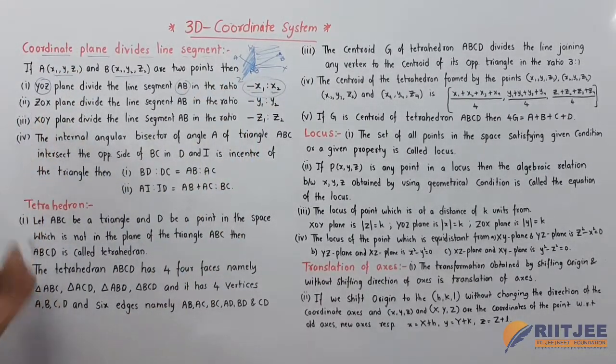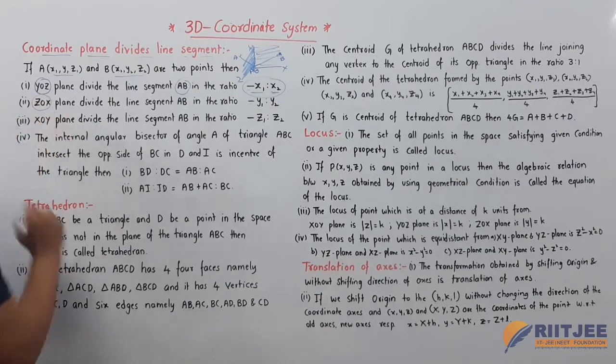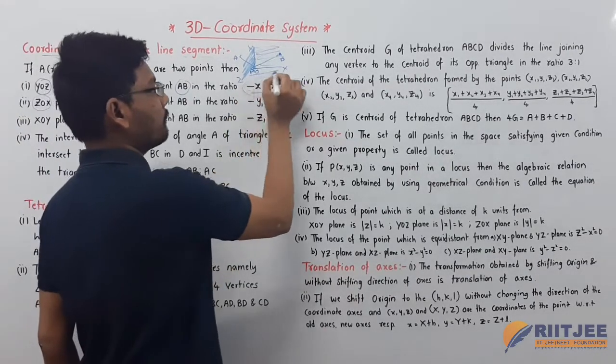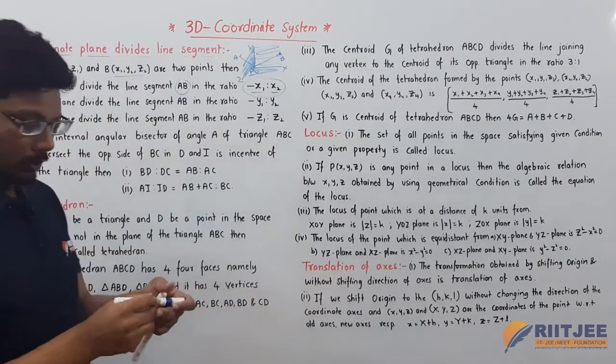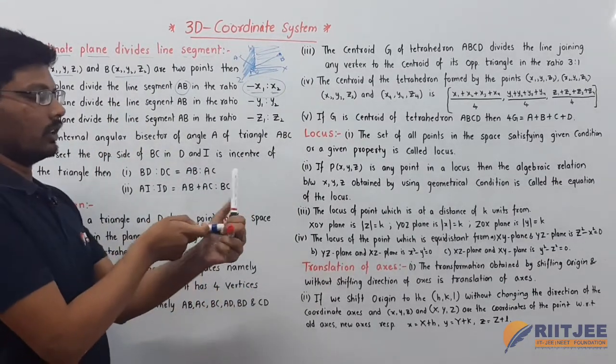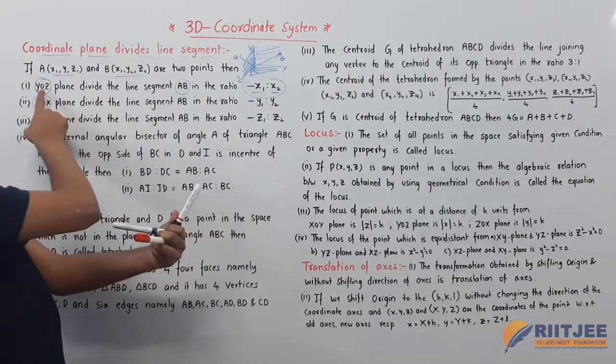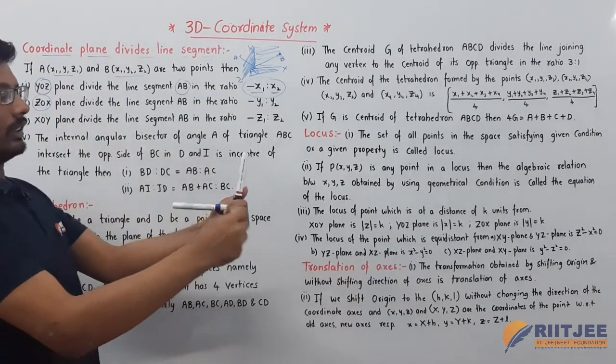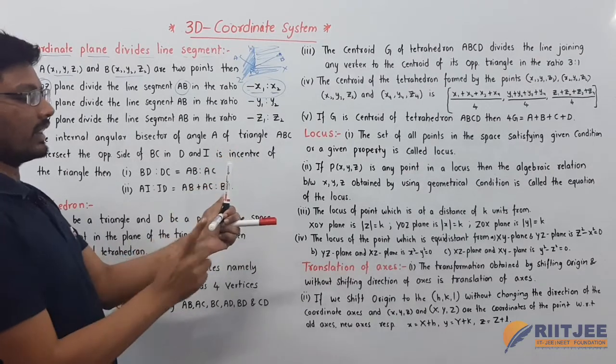And the second is the ZOX plane. So the previous one is this one. Here this is x, this is y and this is z.